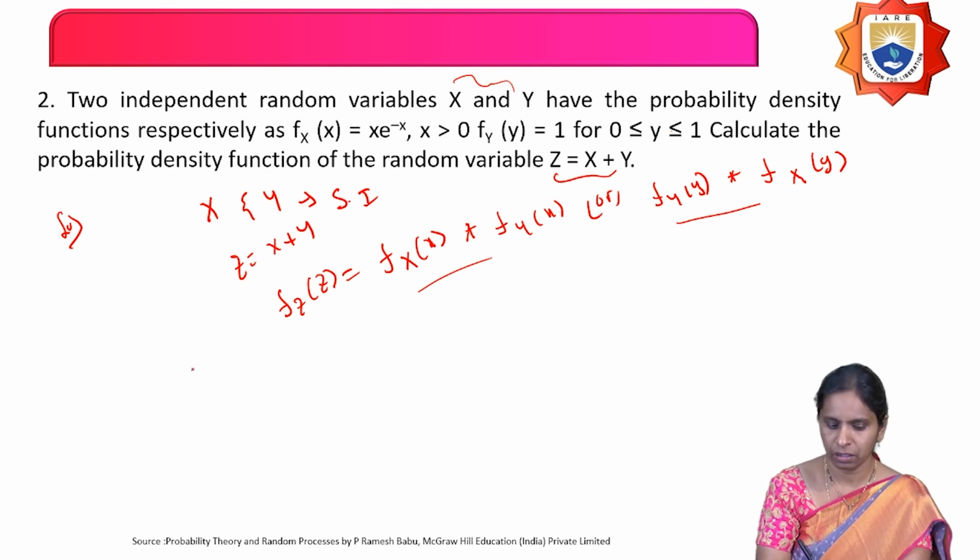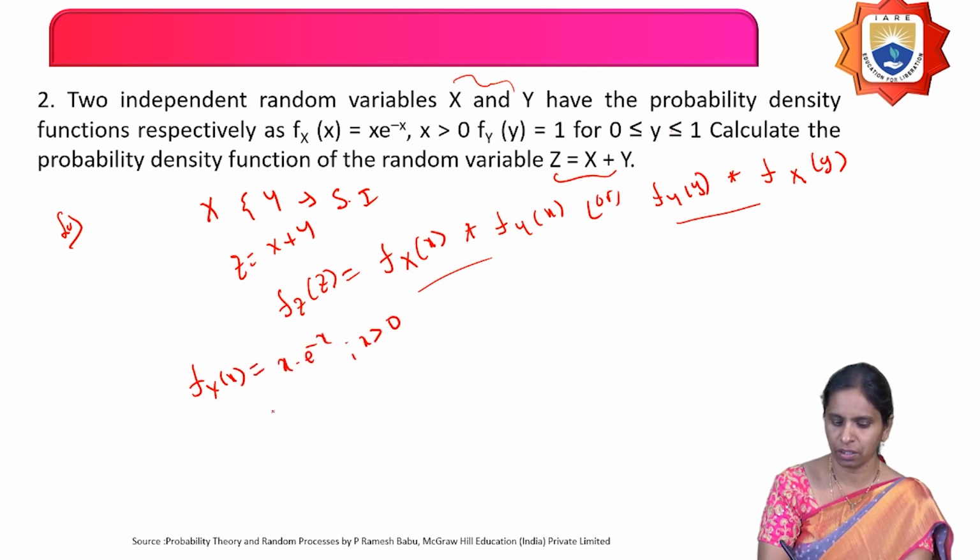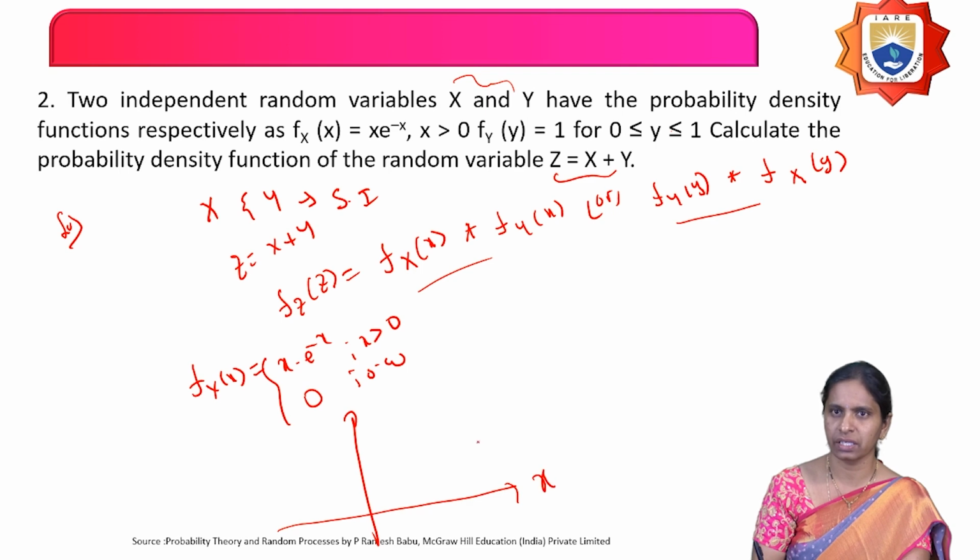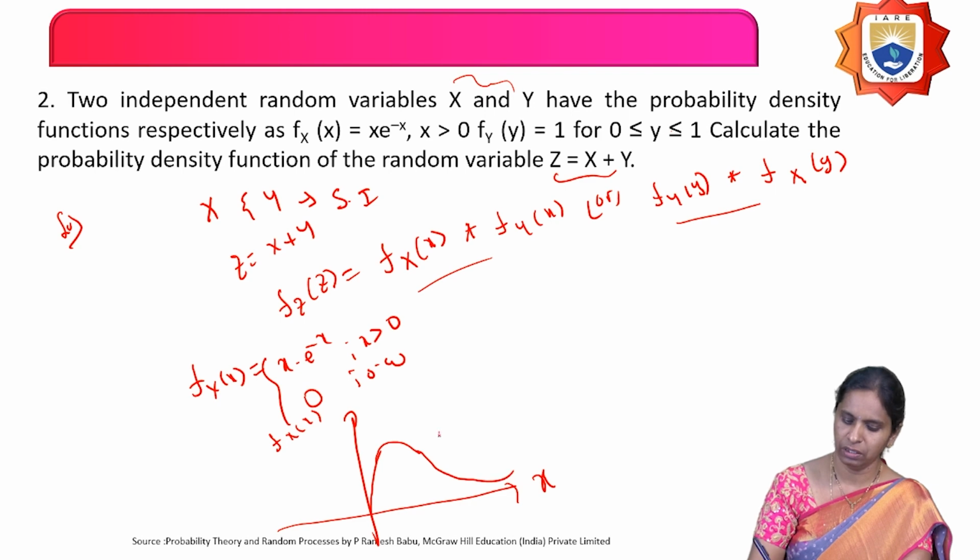So what is f_X(x)? They are given that f_X(x) equals x e^(-x) when x is greater than 0 and 0 otherwise. Now you plot this one. Let us say this is x and this is f_X(x). This is an exponentially decreasing signal, x e^(-x).